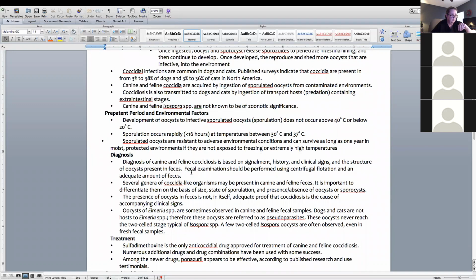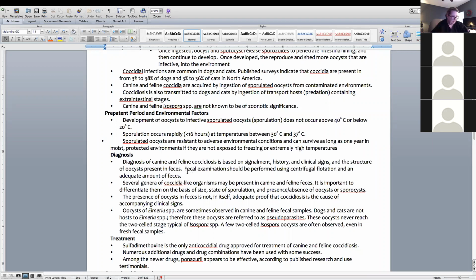And you look for a standard fecal float. Sometimes it can be seen on a fecal smear, but the fecal flotation is going to be the best way. I'm kind of jumping around, but question 23 was what's the best method for Giardia: the fecal float. Coccidia is going to be a fecal float as well.